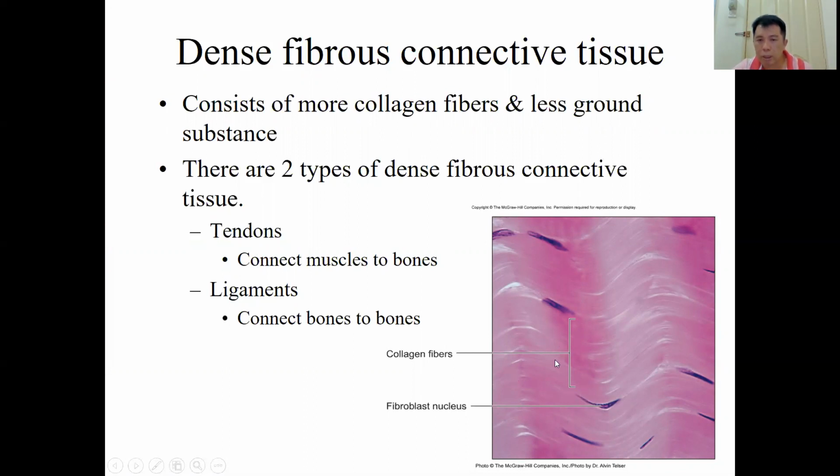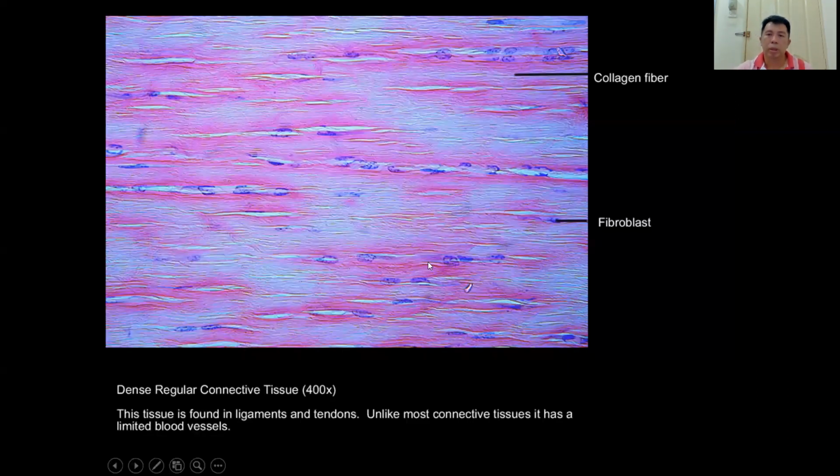Here there are a lot of collagen fibers, so they are strong enough and also flexible to connect muscles to bones and bones to bones. So you see the fibroblast and collagen fibers. You can compare to the loose fibrous connective tissue just now.